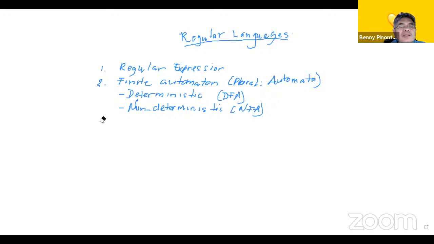And the third one is it can be generated by regular grammar. Now there are two kinds of regular grammar. The first one is left linear, and the second one is right linear.